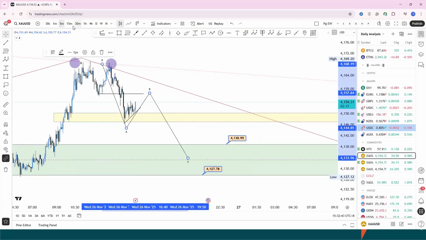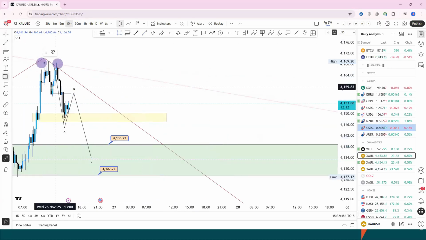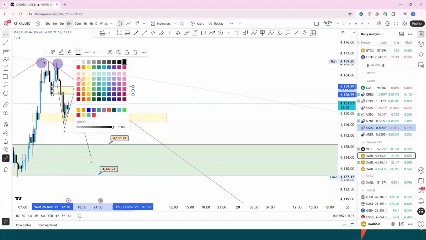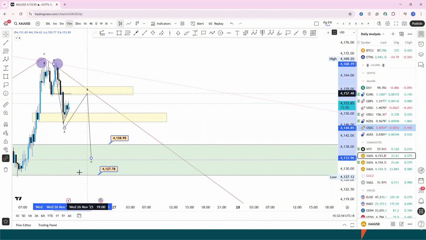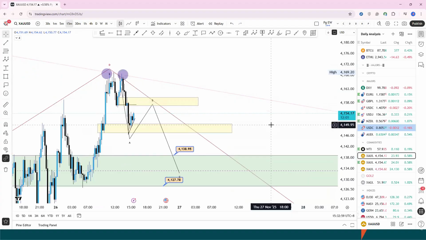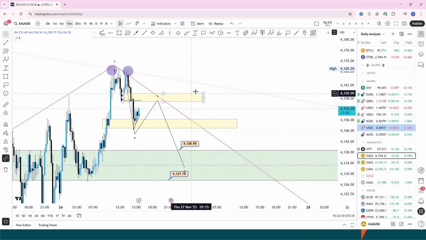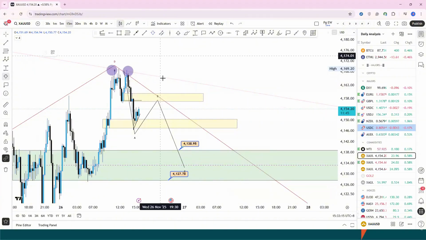But these zones in M15, there will be somebody who wants to sell, because these are supply zones. Yeah. All right. Okay, if you want to sell, be cautious.